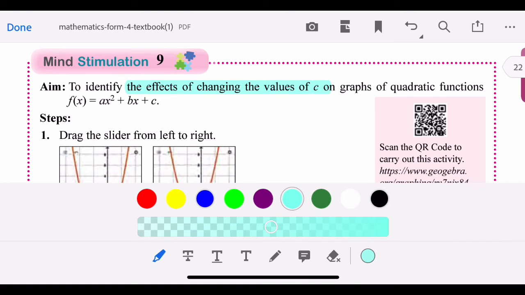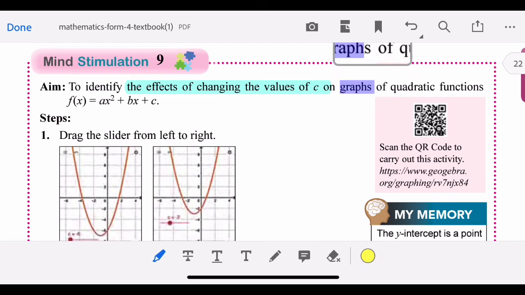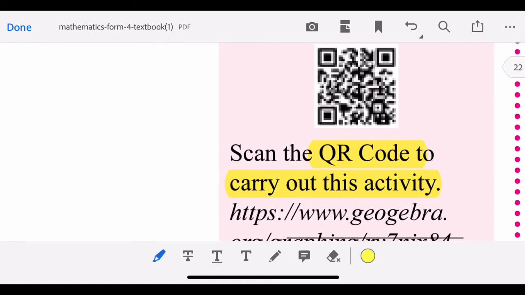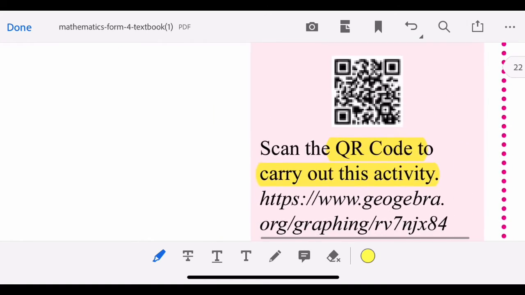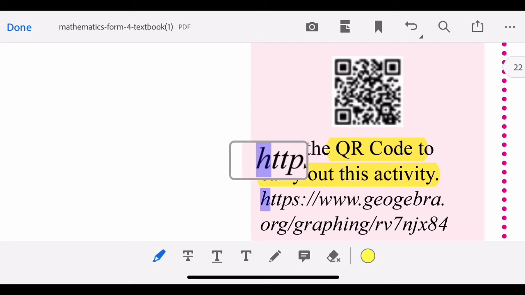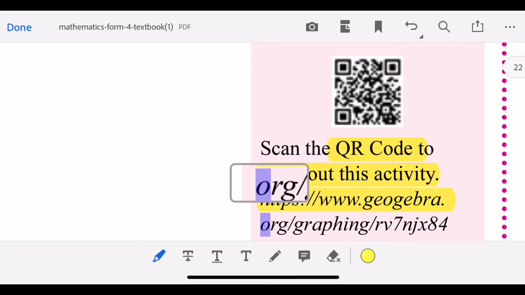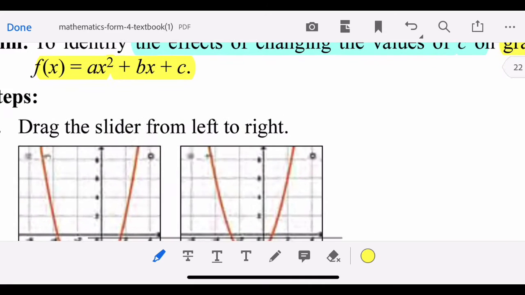The effect of changing the value of c on the graph of the quadratic function f(x) equal to ax squared plus bx plus c. First of all, you need to scan the QR code to carry out this activity. Have you scanned? The link is geogebra.org/rv7njx84.